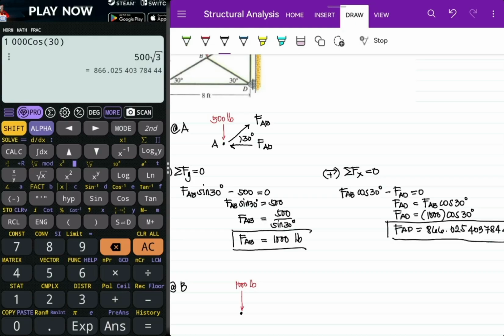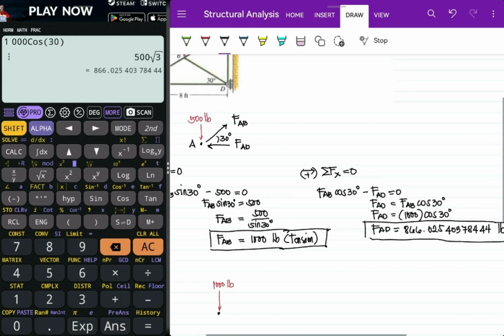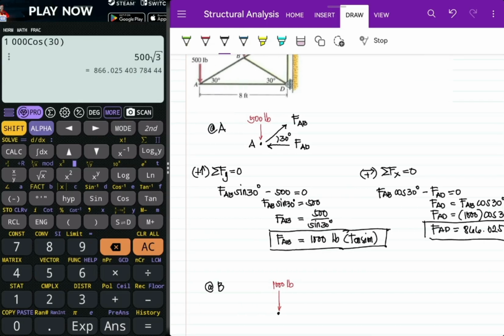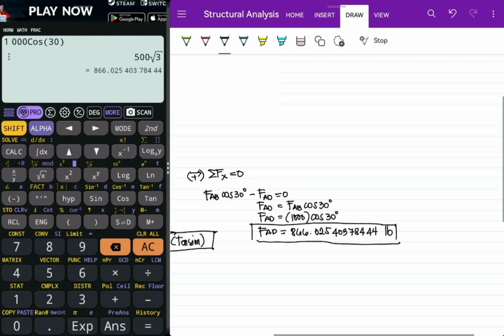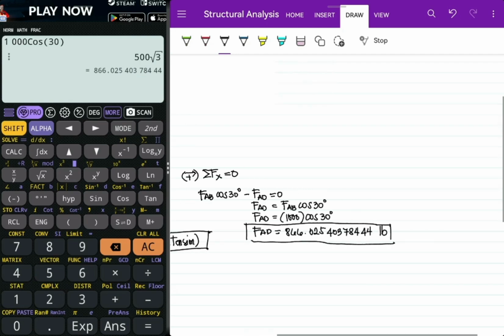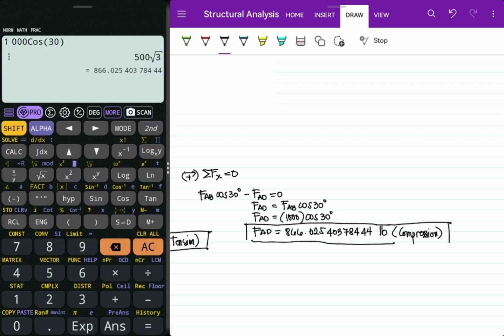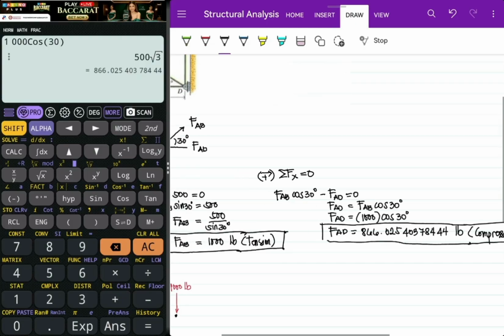Now for our AD, we assume that AD is in compression, and it is indeed in compression. So we write here compression. That is your full final answer.